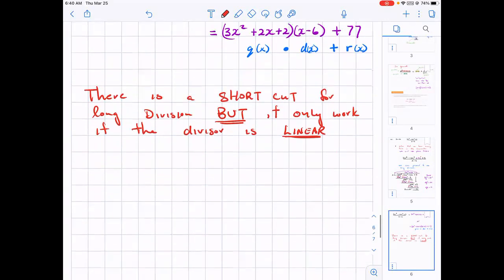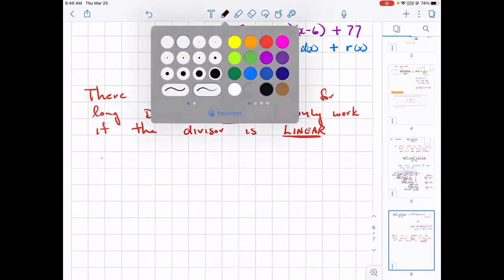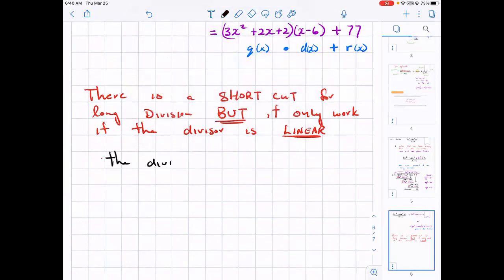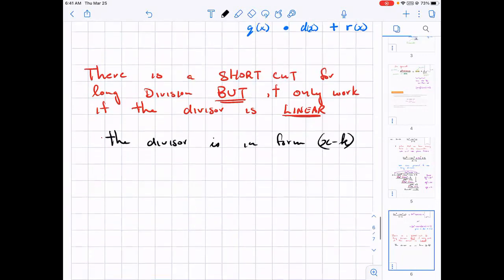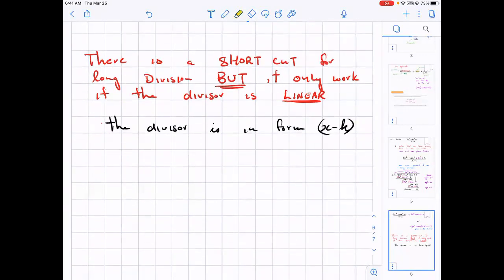So this means the divisor is in the form x minus, let's say, k. Okay, x minus k. And the shortcut we're referring to is called synthetic division. This is the shortcut.